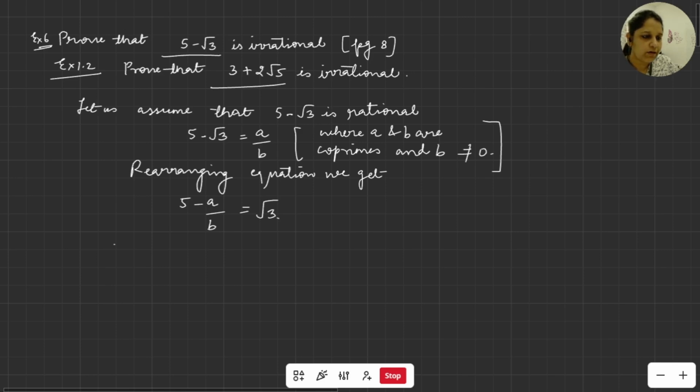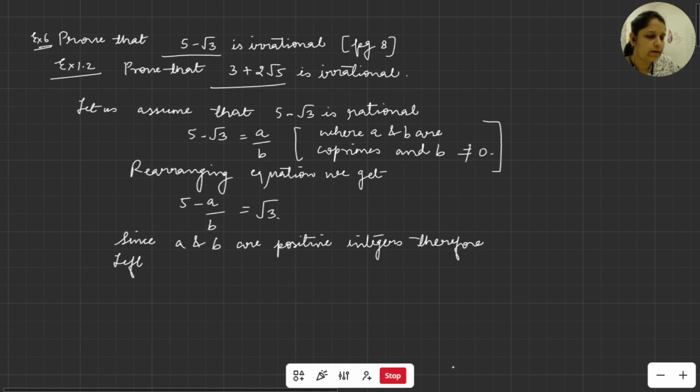So यहाँ मैं concluding statement लिख सकती हूँ कि since A and B are positive integers, therefore the left hand side shows a rational number.